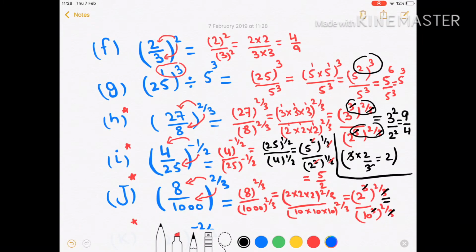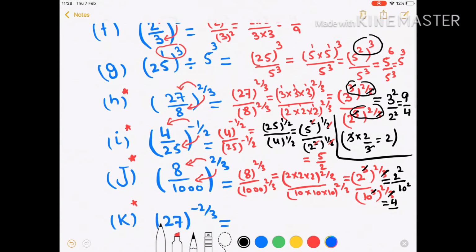So at the top you will get 2 to the power 2, at the bottom you will get 10 to the power 2. So you'll get 4 divided by 100. And when you simplify 4 divided by 100, you will get 1 over 25.